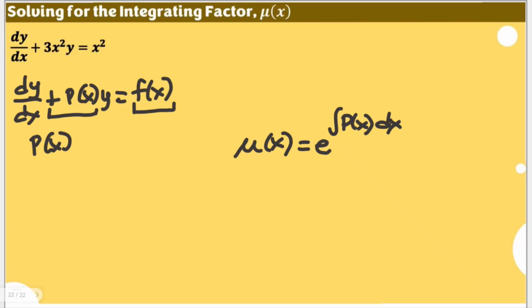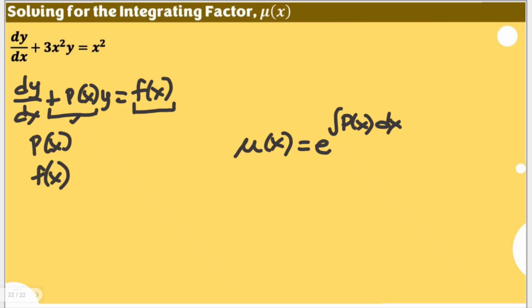Again, p of x in this form, and f of x is another function on the right hand side of the equation. We may not be using f of x in solving for the integrating factor, but it will be used in the further process. We will be providing you a separate video for the continuation of this specific equation.